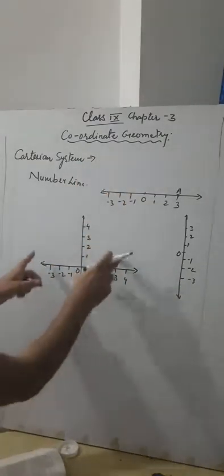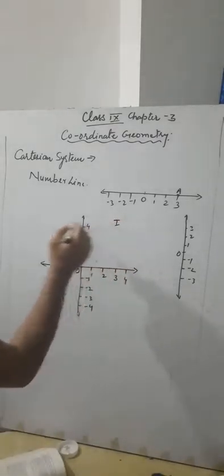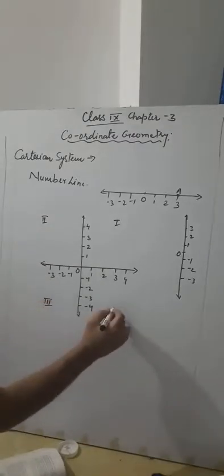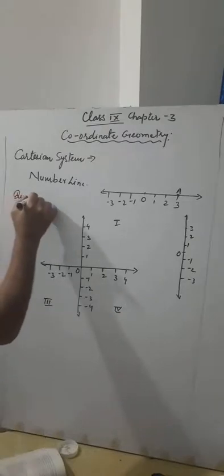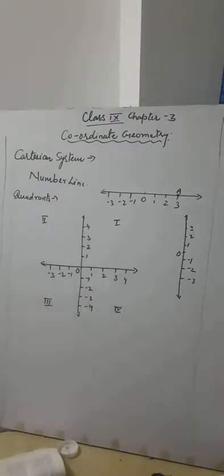This system divides this surface into 4 equal parts, and these equal parts are called quadrants. Quadrant means 1 by 4. If we make 1 by 4 of any object, we call it a quadrant.